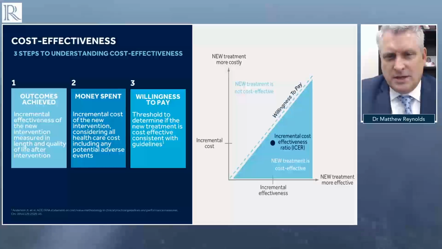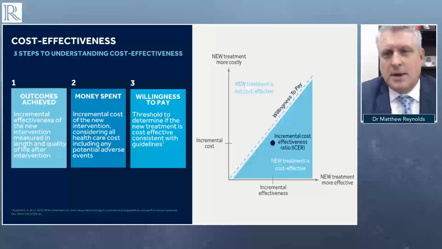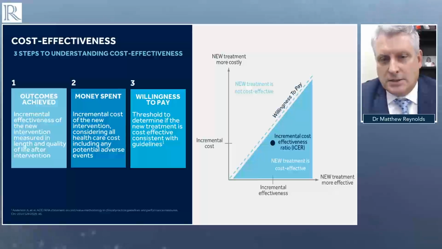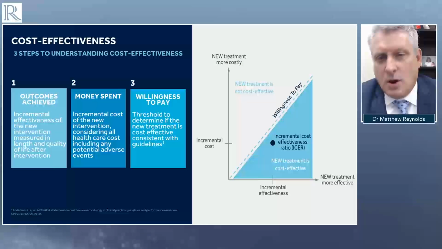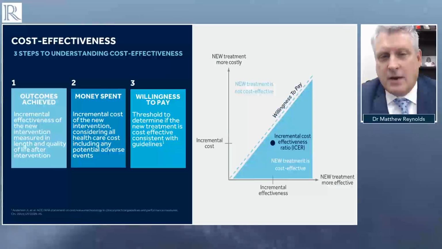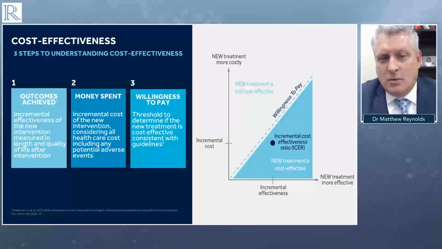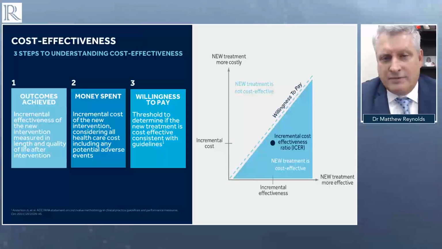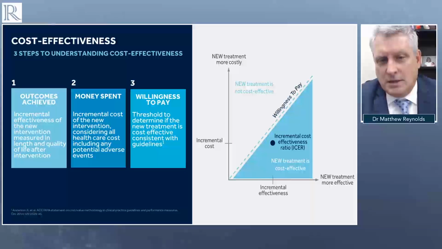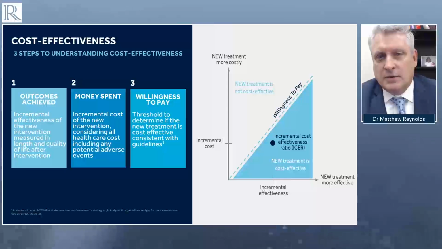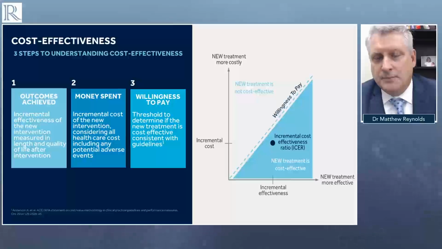And I think the first thing to understand is that this is always a comparative exercise. We're always comparing some new technology, some new clinical strategy, to some existing status quo or existing standard of care. So in the figure to the right, that status quo is graphically represented by the origin, the 0 point, on what we frequently refer to as the cost effectiveness plane.